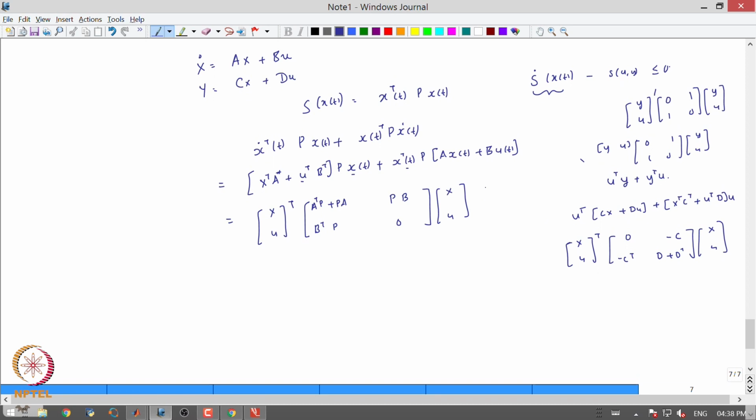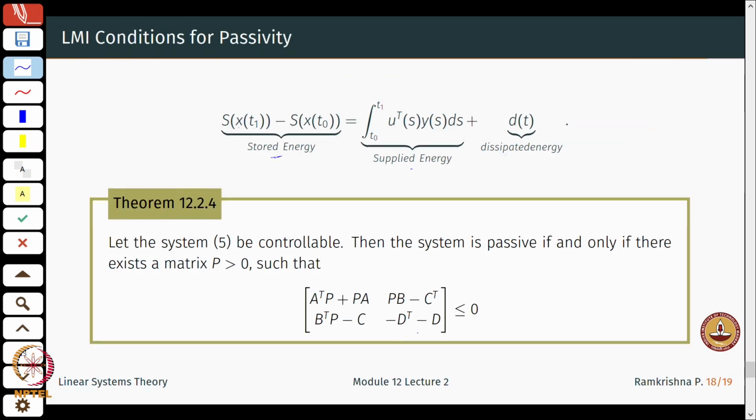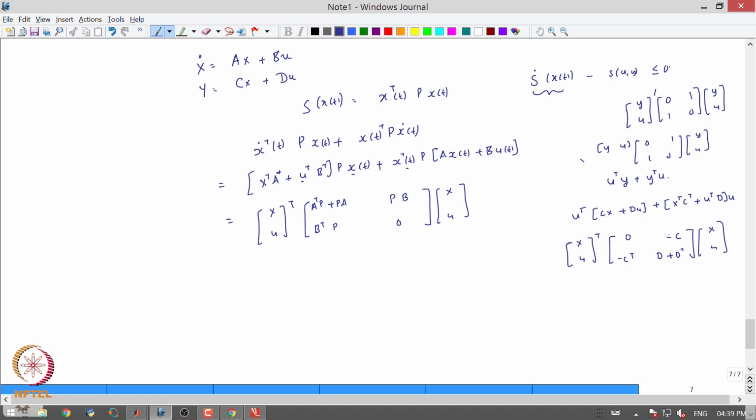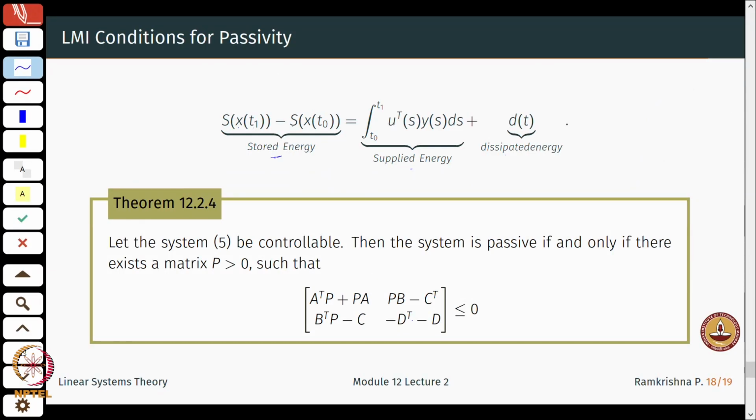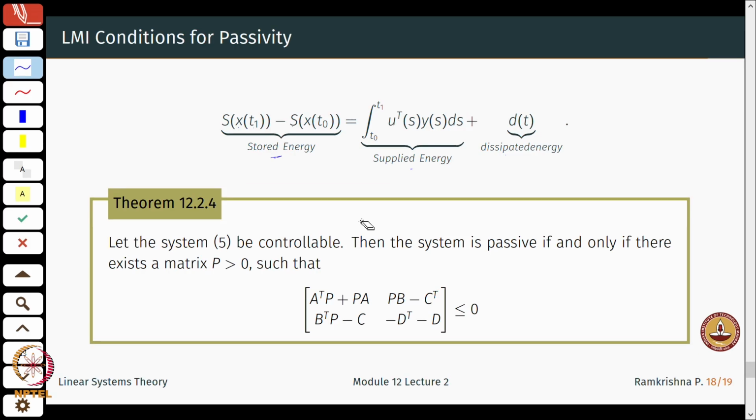What I get is a relation which looks like this: this will just be A transpose P plus PA, PB minus C transpose, and here this will be minus D plus D transpose, because of this minus here, and this must be less than or equal to 0. That is essentially what I have here. So x transpose C will have a C transpose and a C here. This is how I derive that particular LMI.